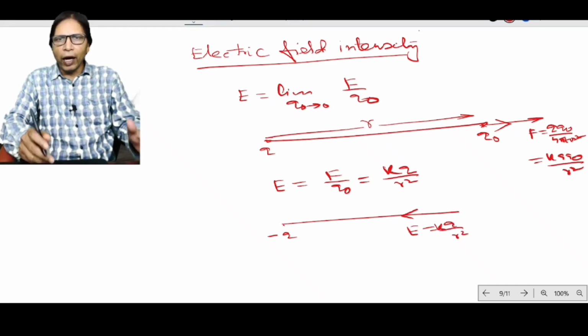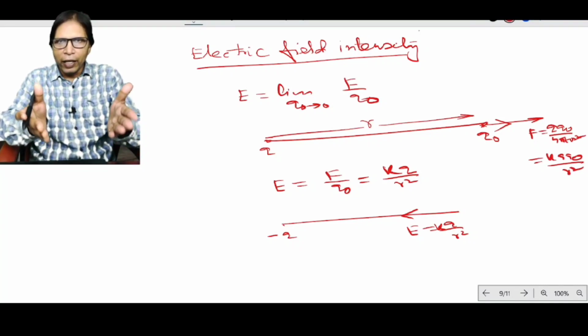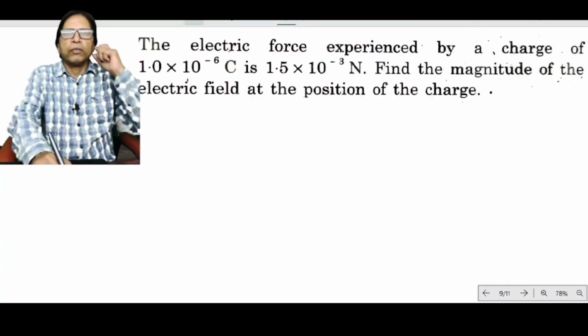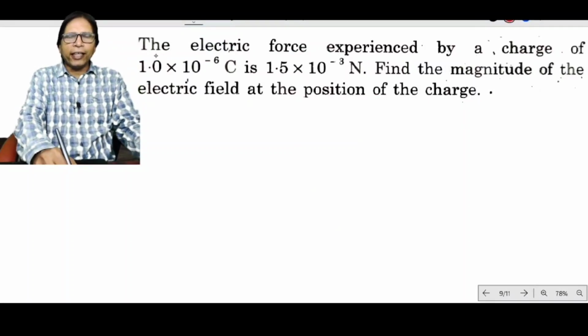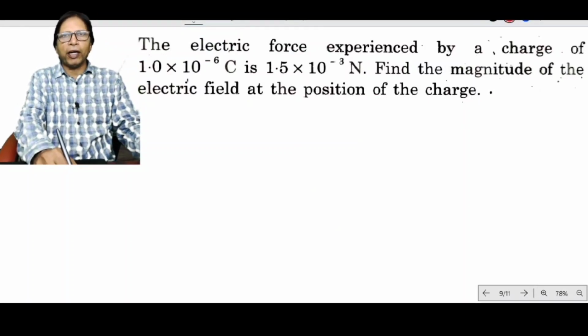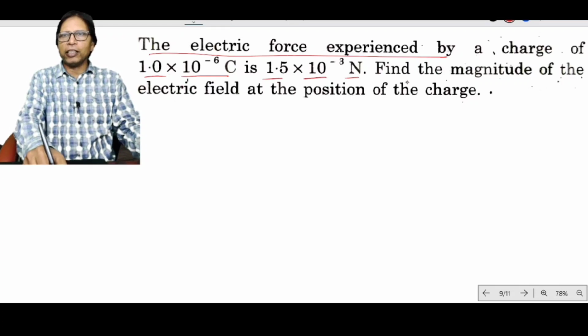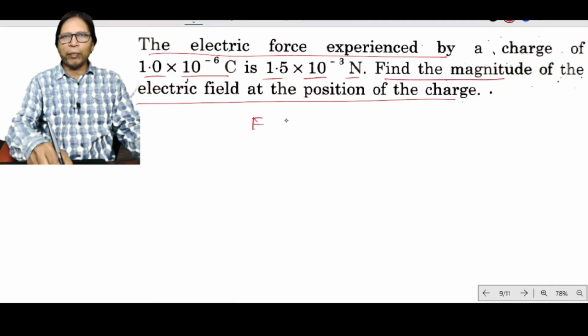Now some numerical related to this theory. This is an example of HC Verma. The electric force experienced by a charge of 1 into 10 to the power minus 6 coulomb is 1.5 into 10 to the power minus 3 Newton. Find the magnitude of the electric field at the position of the charge. Here force F equals 1.5 into 10 to the power minus 3 Newton is given.